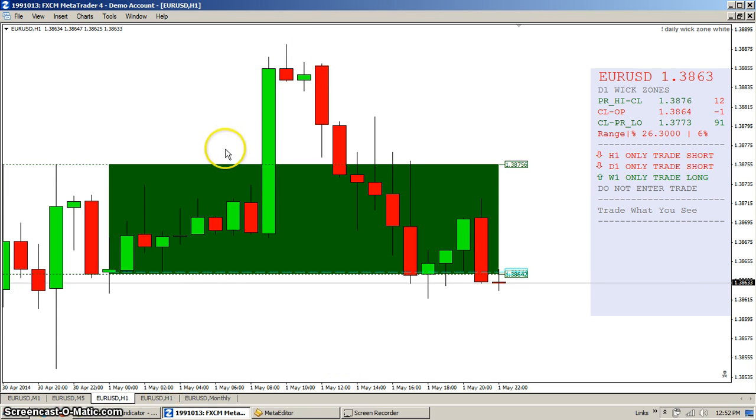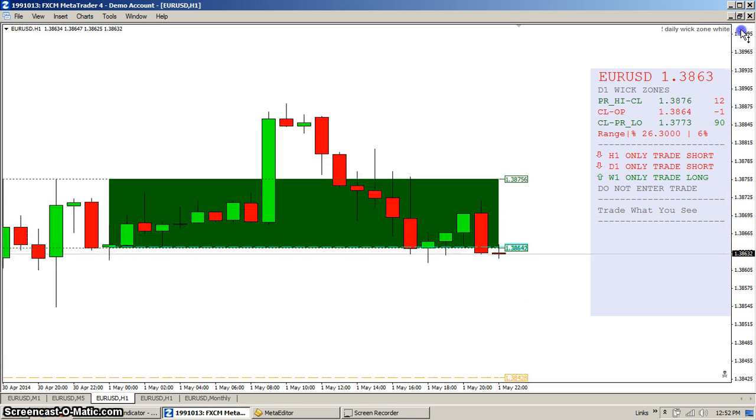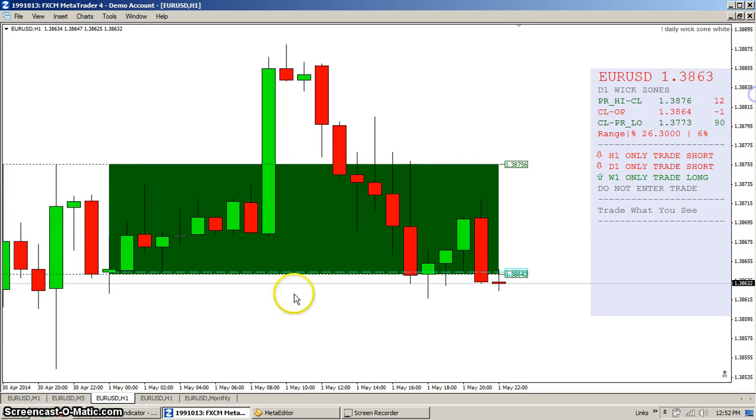Now, do you need the daily Wick zone indicator? Well, no, because if you want to plot by hand yesterday's high, yesterday's close, yesterday's open, and yesterday's low, you can. You could put those horizontal lines on the chart yourself, but the indicator just makes it nice.